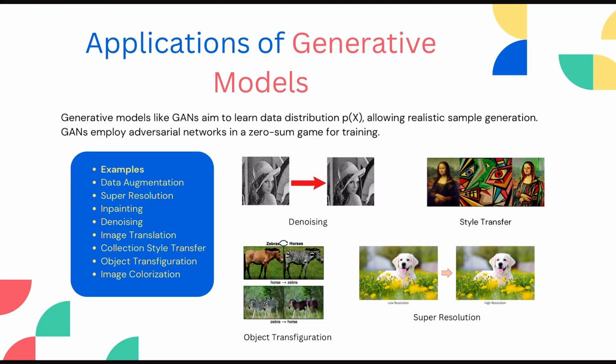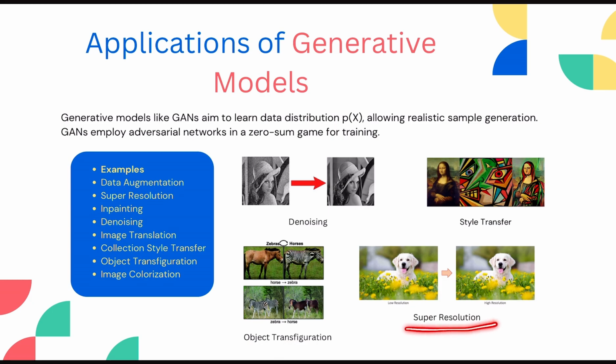And again, that comes under the model category of GANs. Similarly, we have object transfiguration. Let's say I want to turn a horse's figure into a zebra's pattern. So that's amazing. This kind of stuff we can do in applications using generative AI or GAN models, right?